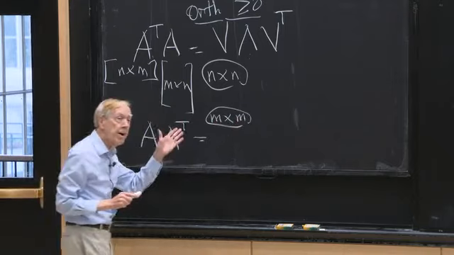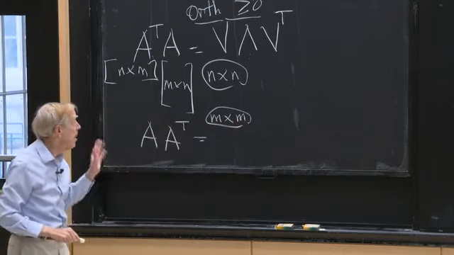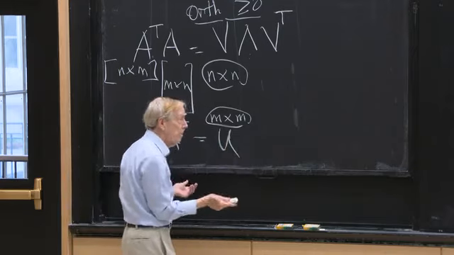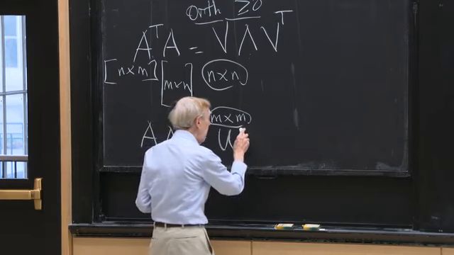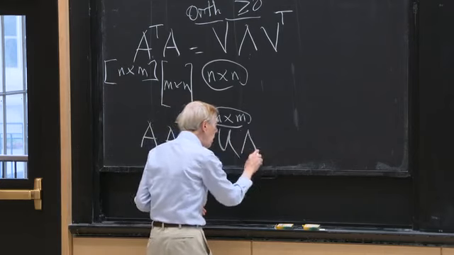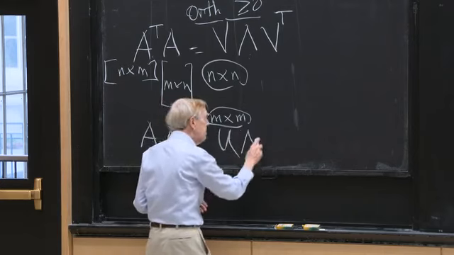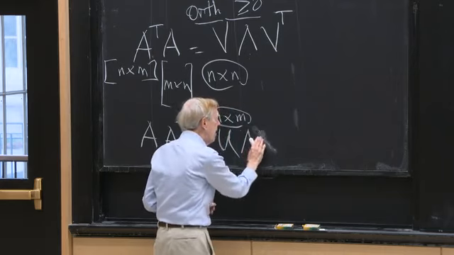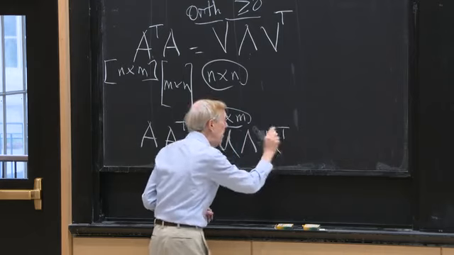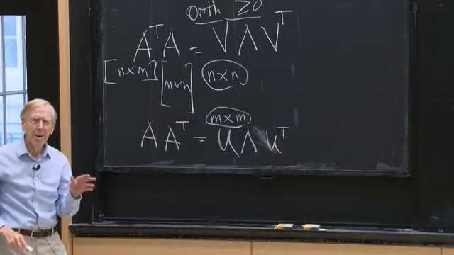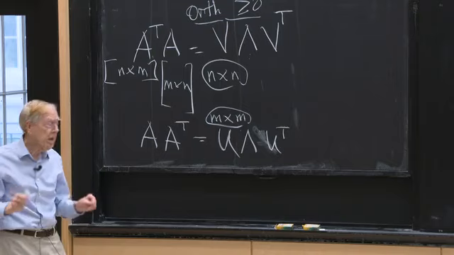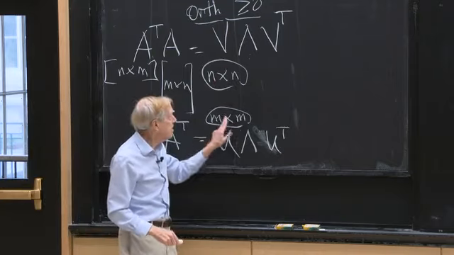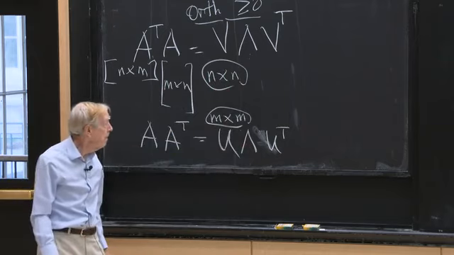But with the same eigenvalues. So it's going to have some other eigenvectors, U, of course. I'm going to call them U. I have to say, when I say the same, I can't quite literally mean the very same, because this has got N eigenvalues and this has got M eigenvalues.